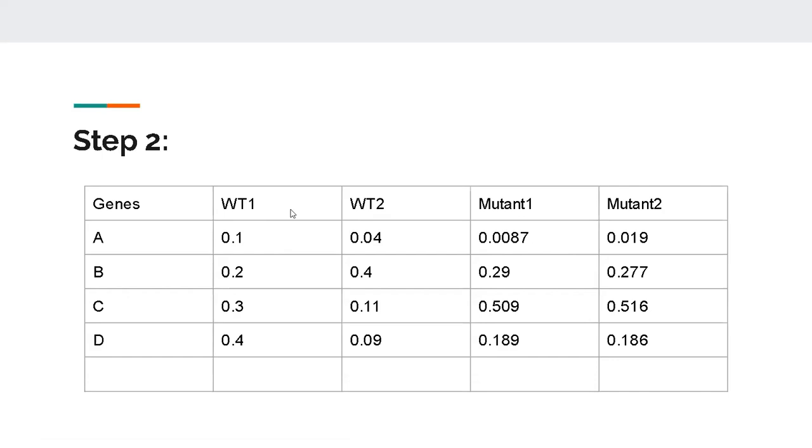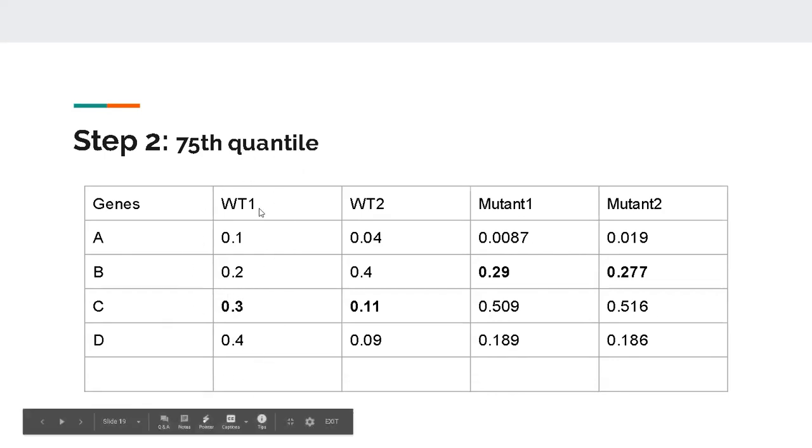Next, you have to choose the reference sample, remember. What you would then do is calculate the 75th quantile for each sample. What I mean by 75th quantile is that value. If you take just wild type 1, the 75th quantile would be that value which contains 3.